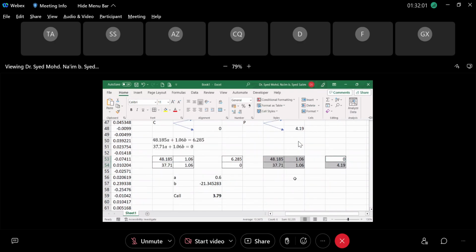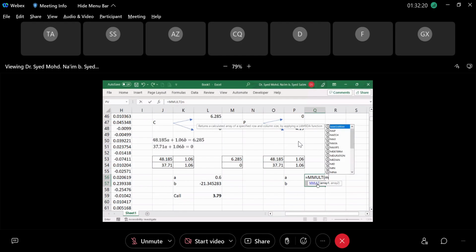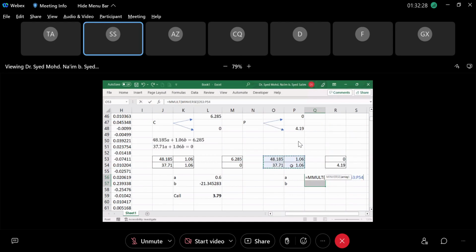Okay, so we can find what A and B are for this put option. Go through matrix multiplication, the inverse of that, then close bracket. Oops.